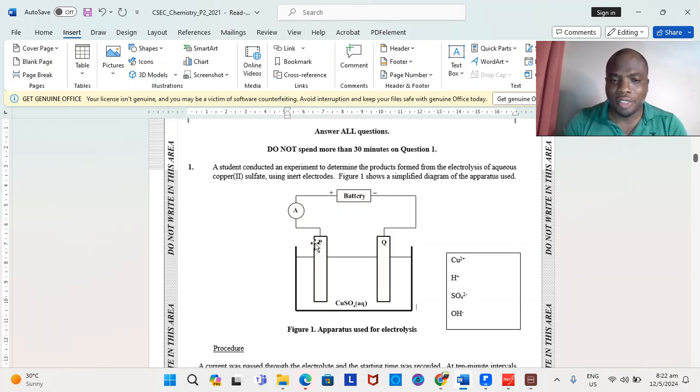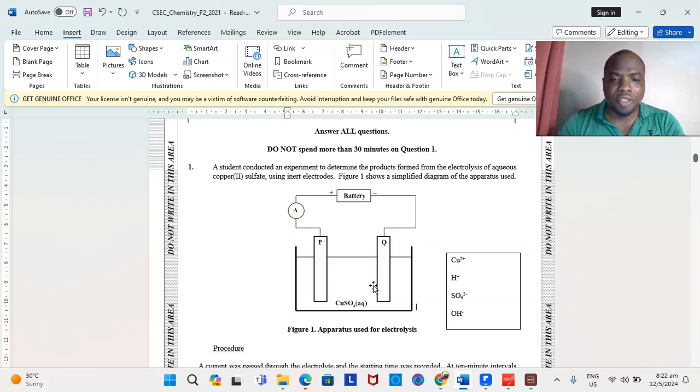And if you notice, there's some correlation between the name of the electrode and what ions are attracted to it. So the anode attracts the anions, while the cathode, coming from cations, is negatively charged, so it's going to attract these cations.